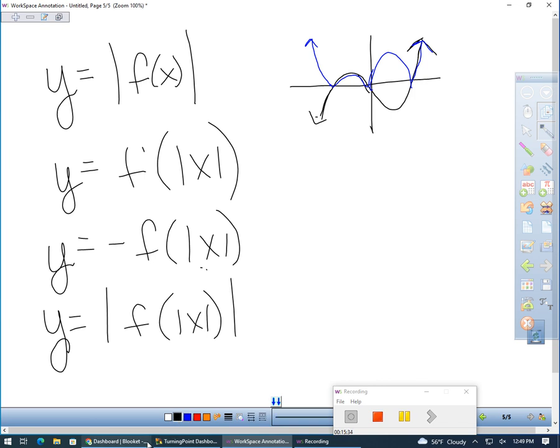Second one, what has to be positive? The x values, right? So if it's the x values that have to be positive, if I have a graph that looks like this, I have negative x values right now. What do you think I have to do with those? Right?